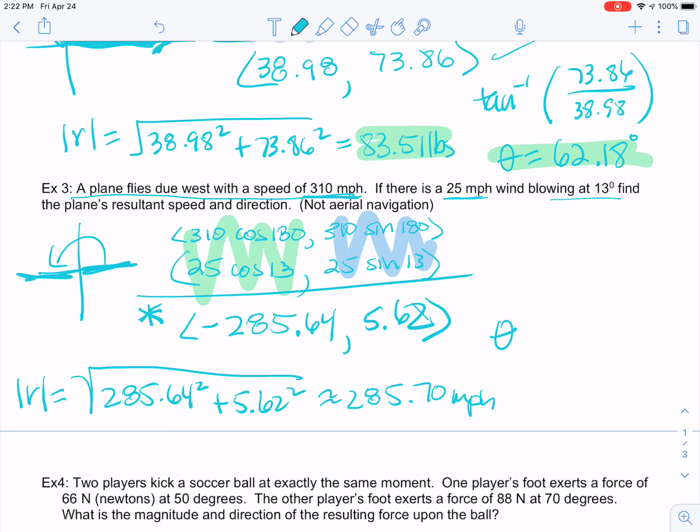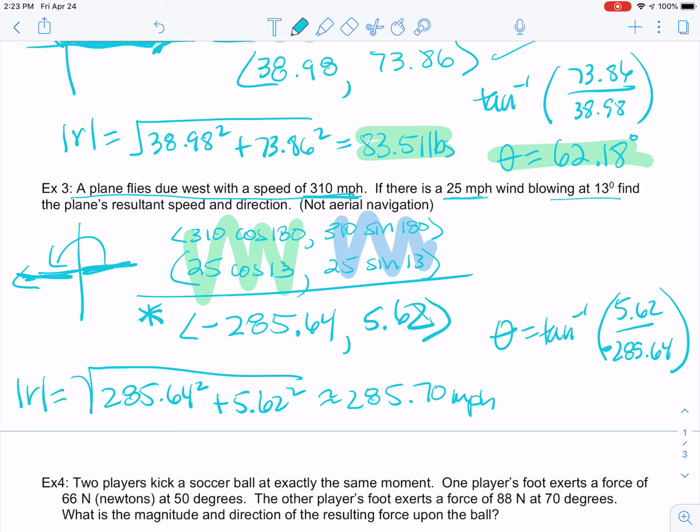And then theta is the angle that it goes. Instead of going directly due west, it's being blown by the wind. So we're going to see what happens. Theta is going to be tan inverse of 5.62 over negative 285.64. You have to put the negative, and then we're going to have to add 180.